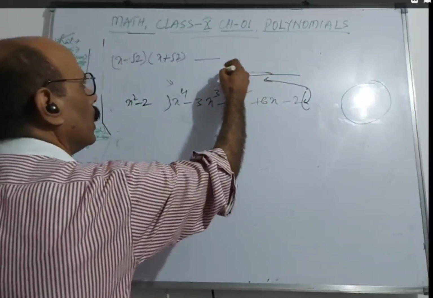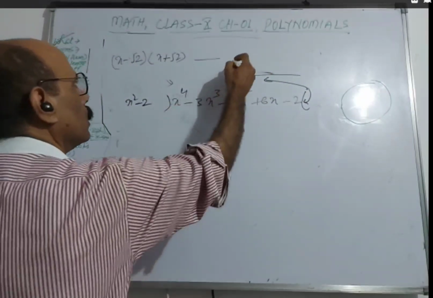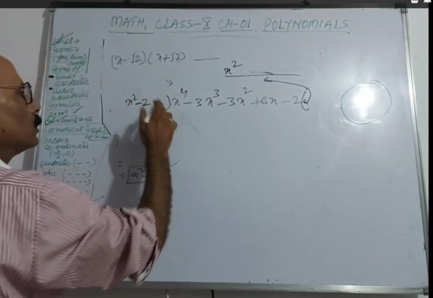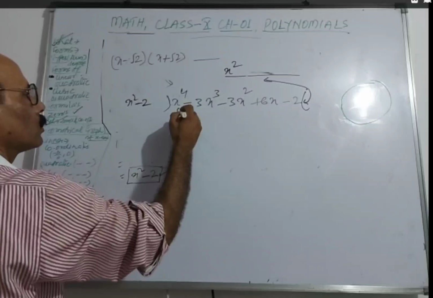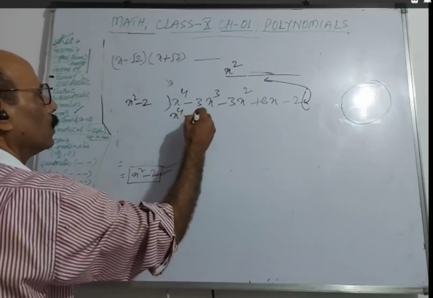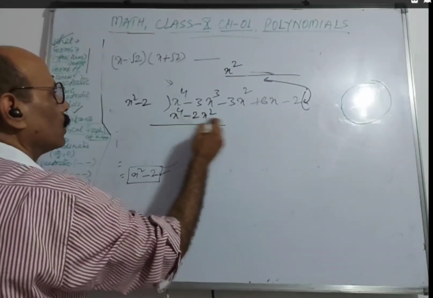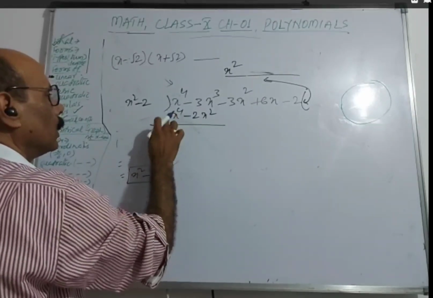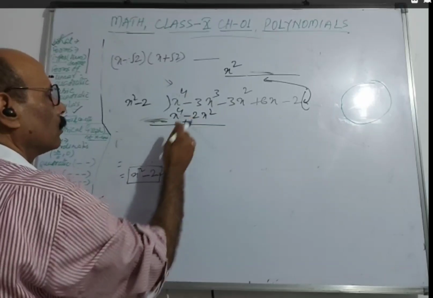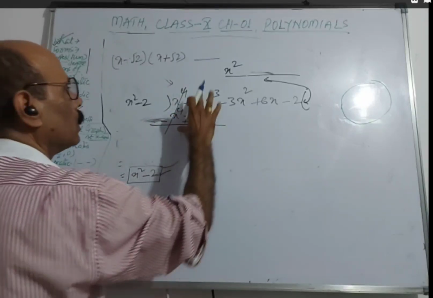So x square here. If you write plus x square, this type of sum, you know, x to the power 4 minus 2x square. This is minus, then the power plus, then minus here, plus, this cut here, minus.